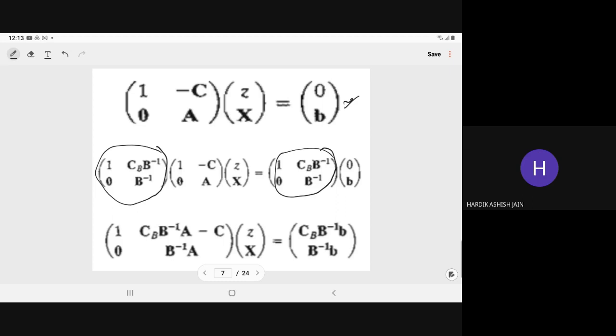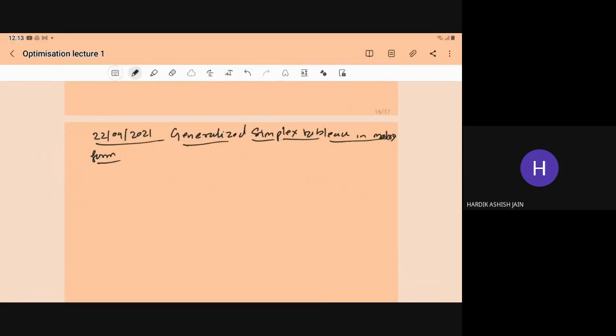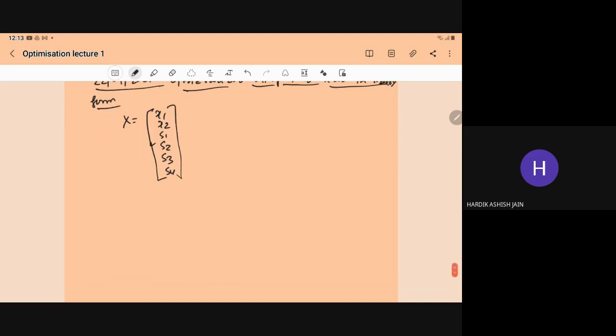Sir, can you please explain again what was CB and XB? I am saying, what is X? X is x1, x2, s1, s2, s3, s4. If you recall the simplex table of the ready-made problem, in the first table we have the basic variables s1, s2, s3, s4.